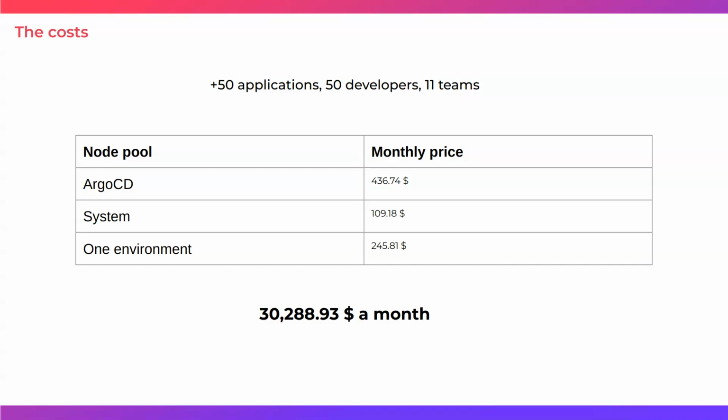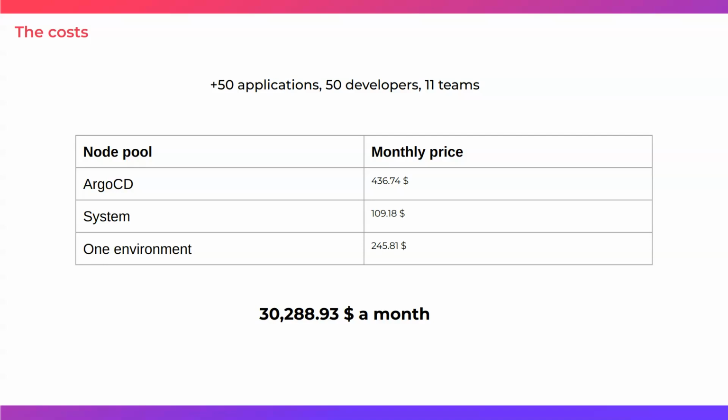About the cost, so here is a little recap about the cost of those environments. So the Argo CD node pool cost around $400. Why? Because well, there was a lot more than one Argo CD which was deployed.